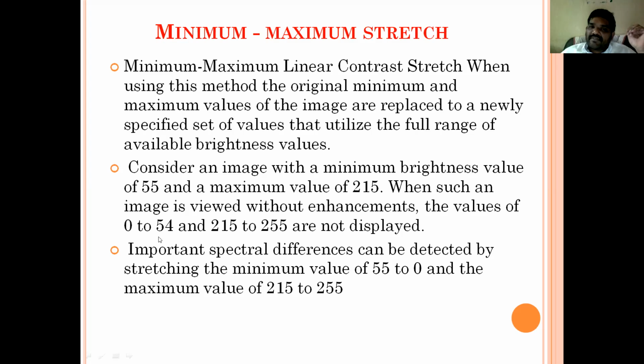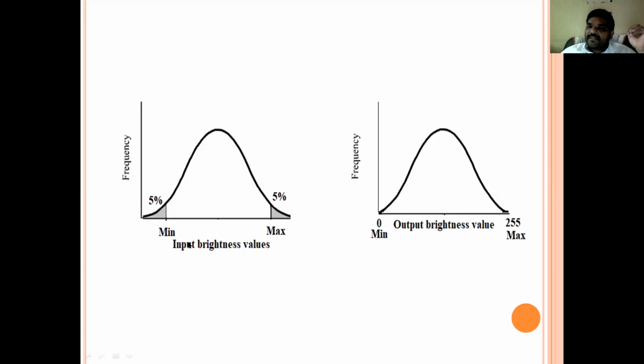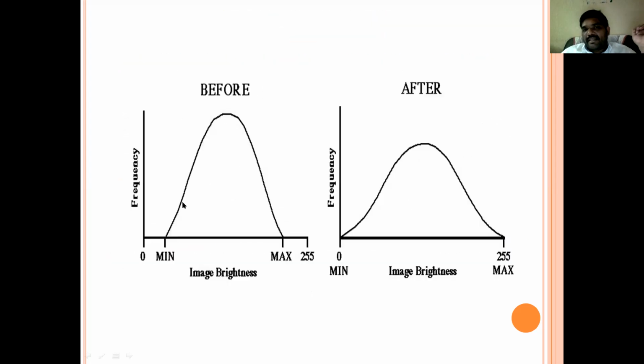Here, this case, 54 and 215. This is the histogram, but here there is no possibility. The histogram is from minimum to maximum here. But here, the minimum is 54 and the maximum is 215. There is space, so I just went for expansion.